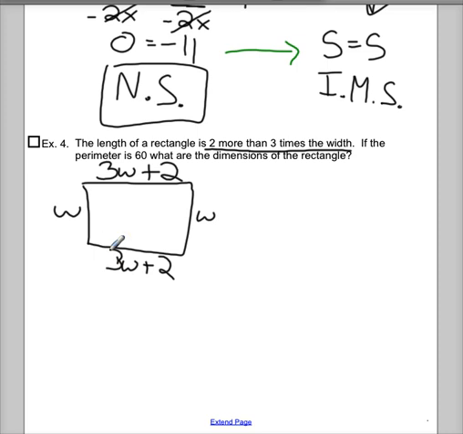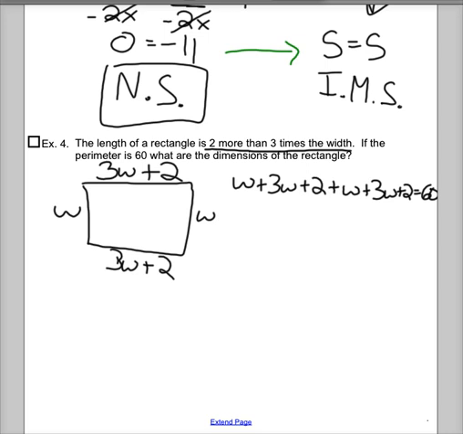So we need to add up all the way around. So W plus the 3W plus 2, another W, and the 3W plus 2 again, and it tells us that equals 60. So we add up every side length, giving us 60, which we know is our perimeter.